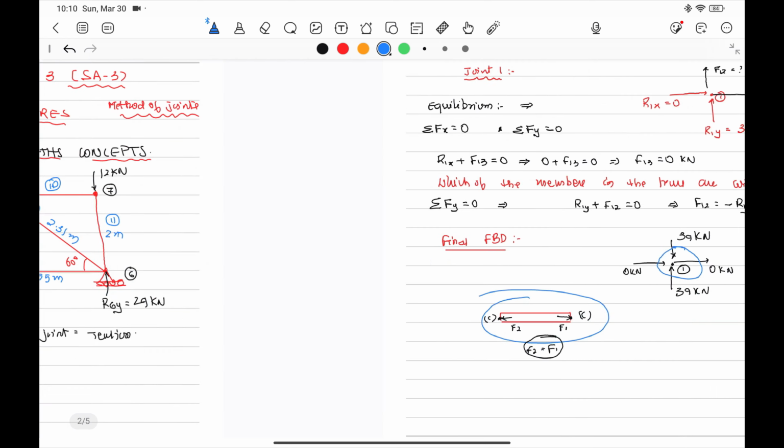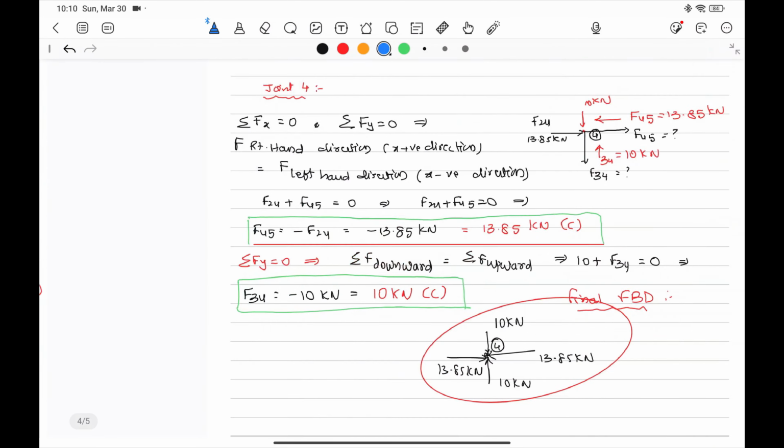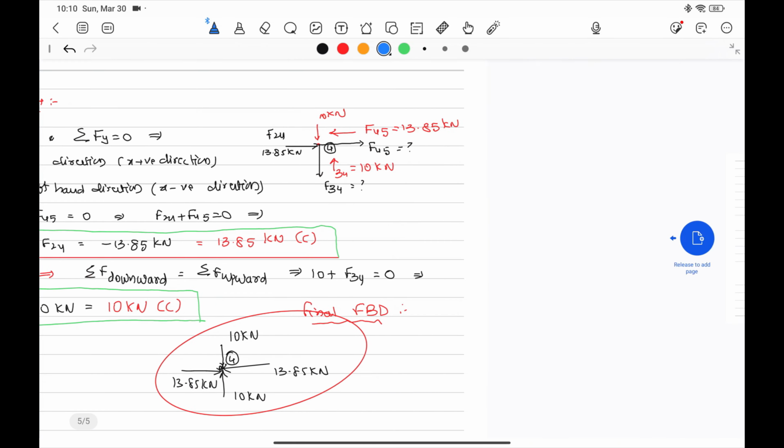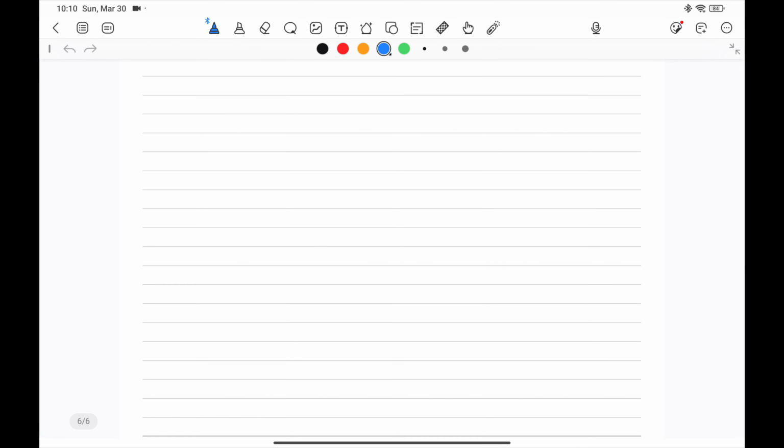Now, joint 3, not F3, rather it is joint 3. What is at joint 3? We have forces. This is joint 3.